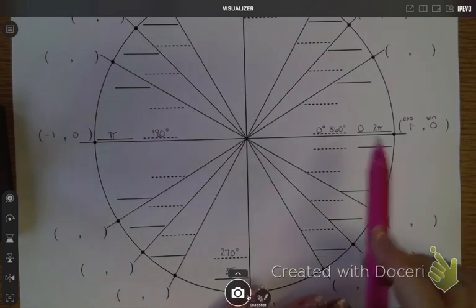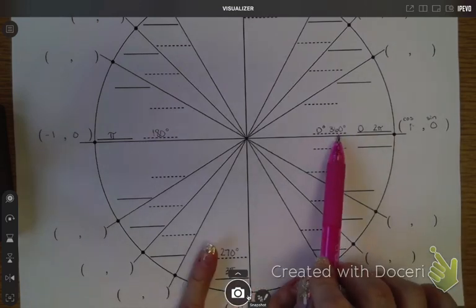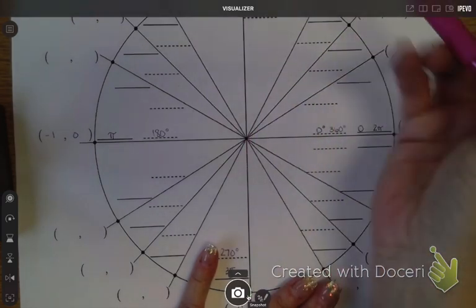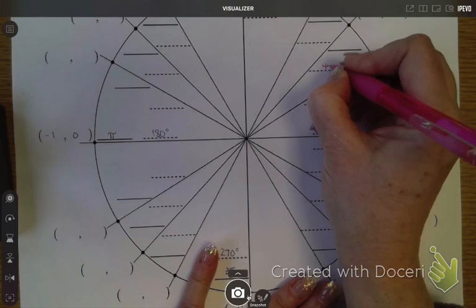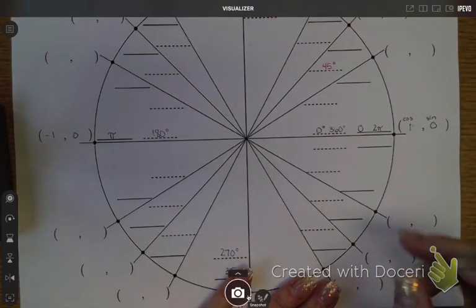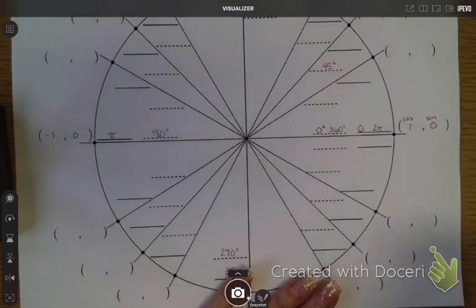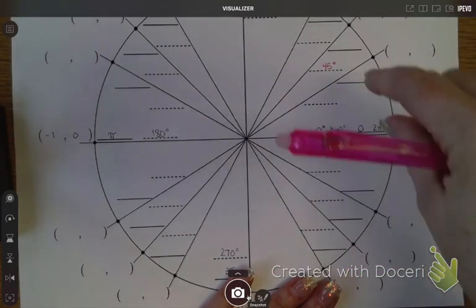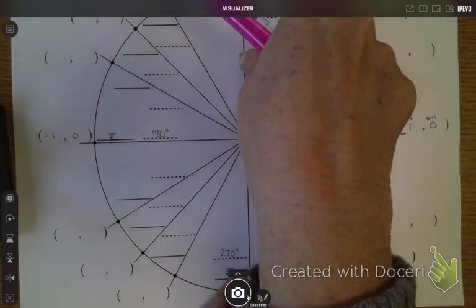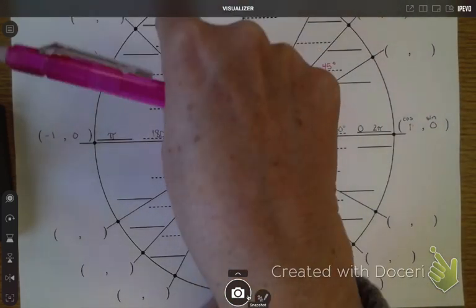Okay, so now I'm going to go halfway between 0 and 90. And what angle is this going to be? 45 degrees. So I'm now cutting this top part into 45 chunks, yes? So it's 1 45 chunk, 2 45 chunk, 3, 4, right?